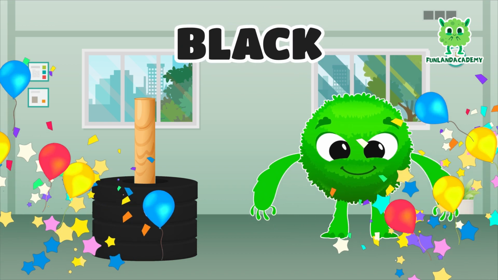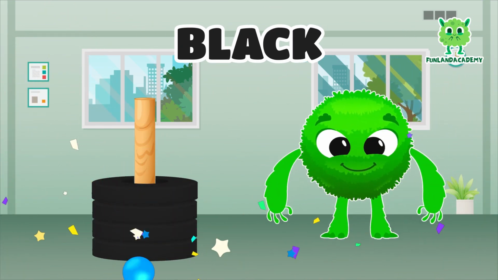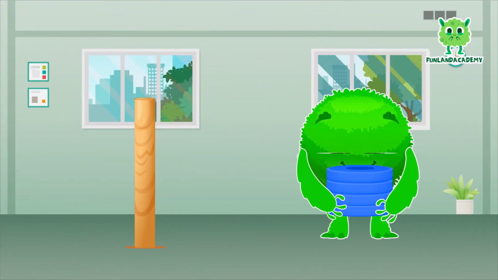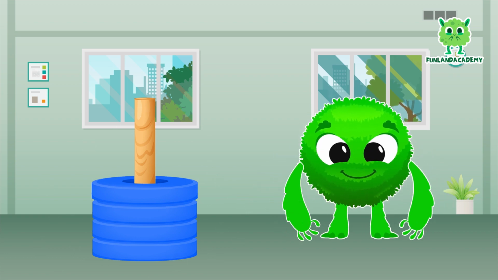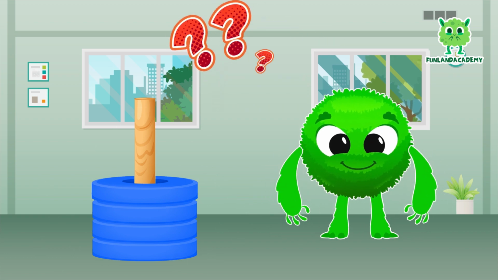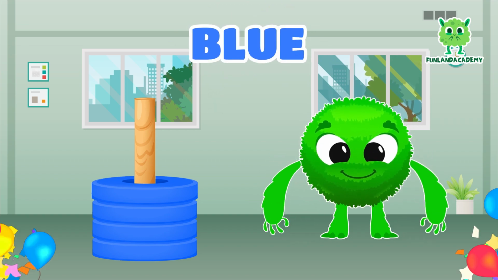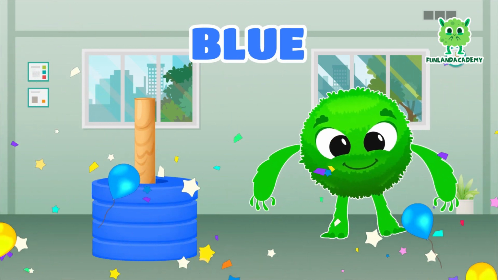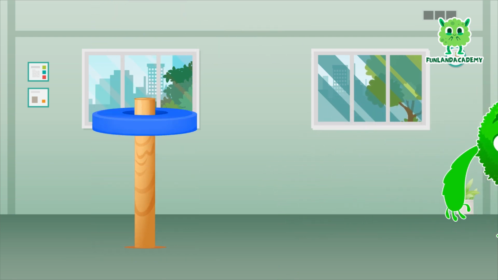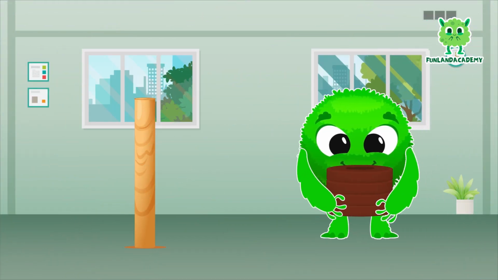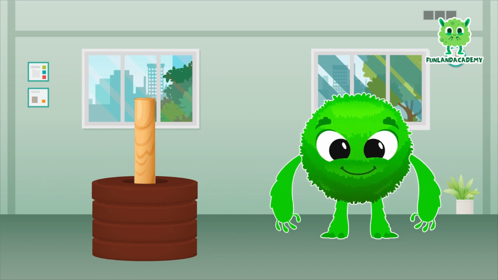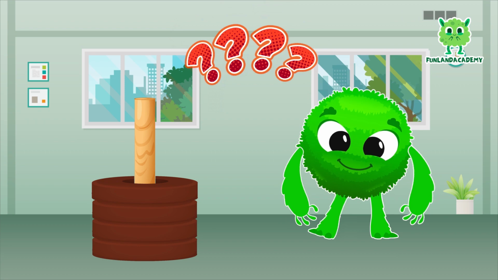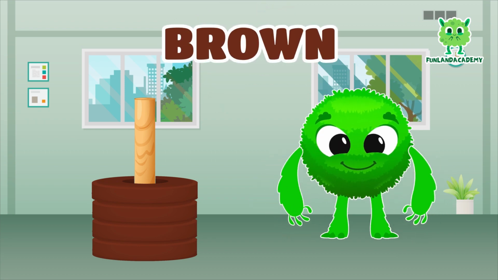Black. What is the color of the rings? Blue. What is the color of the rings? Brown.